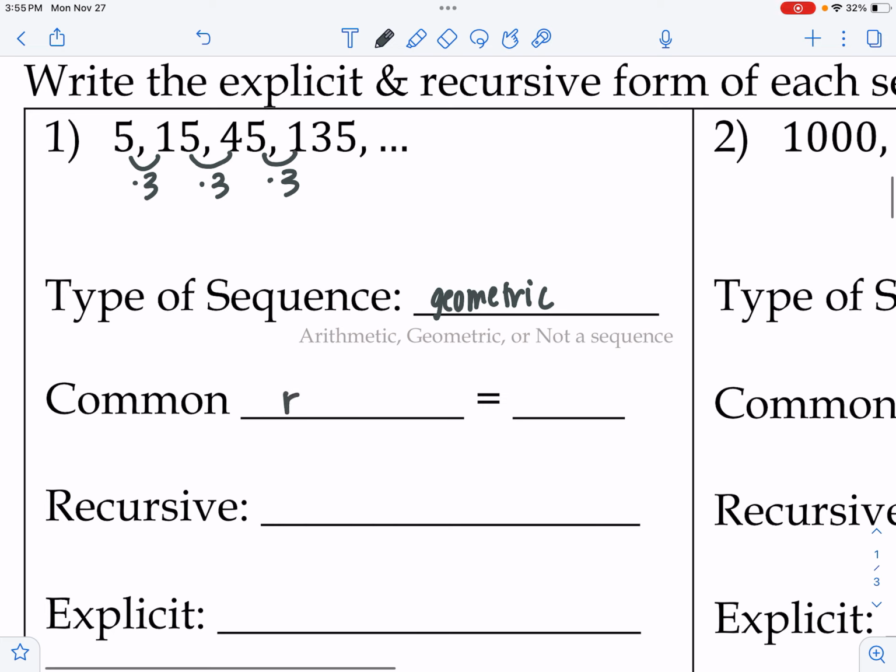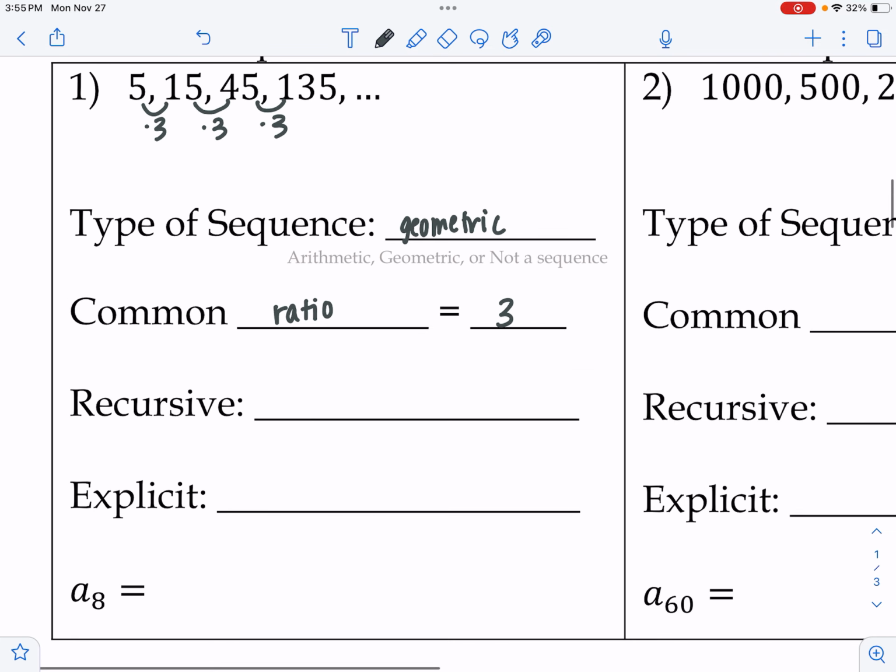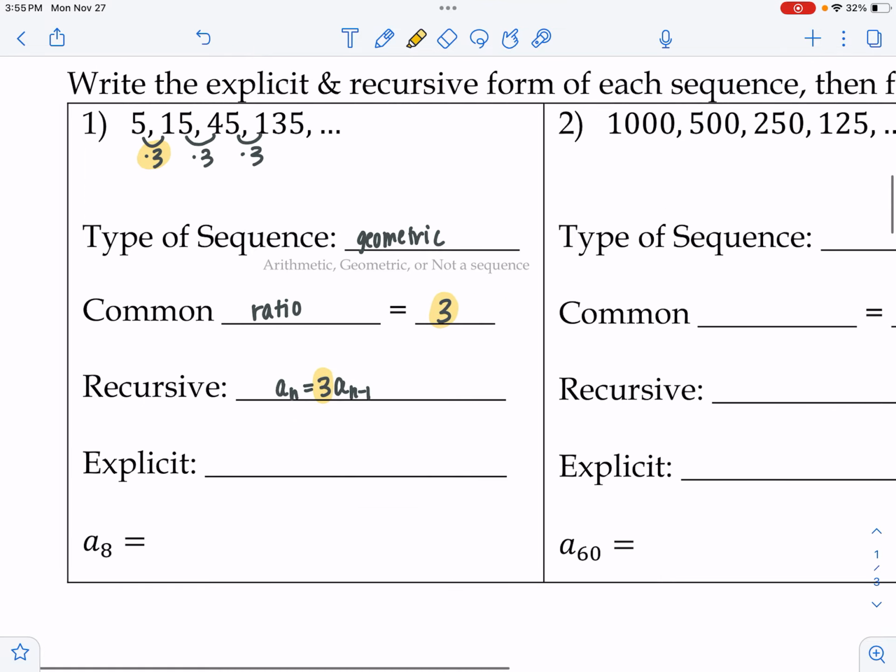And because it's geometric, we have a common ratio, and that common ratio is 3. And so the recursive notation says you can get to any term by multiplying 3 by the previous term. Okay, so that's just recognizing the pattern, recognizing it's a common ratio, and putting it in the recursive formula.